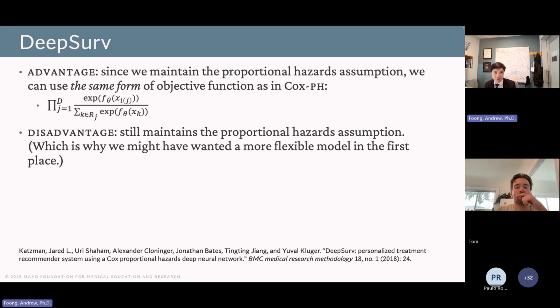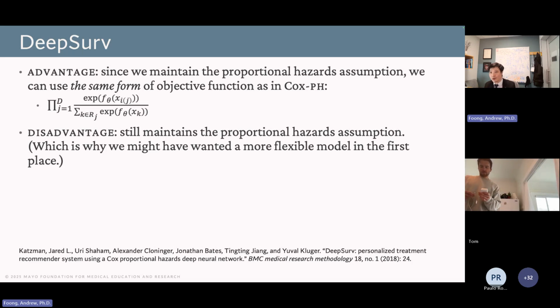Another disadvantage is that whereas Cox PH would converge basically instantly with a few iterations of Newton-Raphson, and because there's only one global minimum in the Cox PH partial likelihood, optimization was basically an afterthought in Cox PH. Now optimization is going to be a difficult problem, just like with any deep learning method.